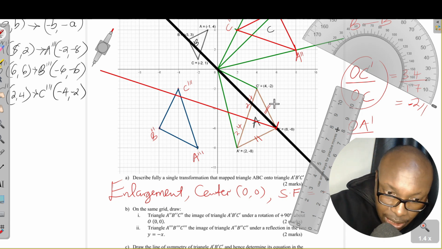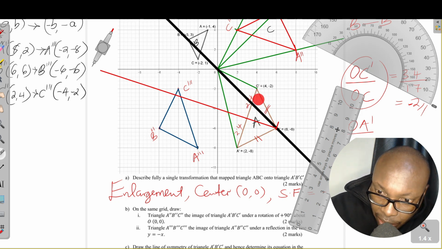So you can see this triangle has been divided into two halves by that line. There's this half on this side and this half on this side. I've just taken the midpoint of the line A prime, C prime, because this side and this side are equal, and it is an isosceles triangle. So this is the line of symmetry.